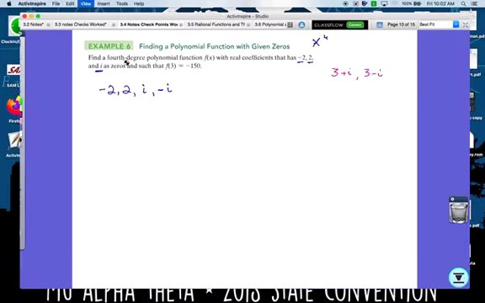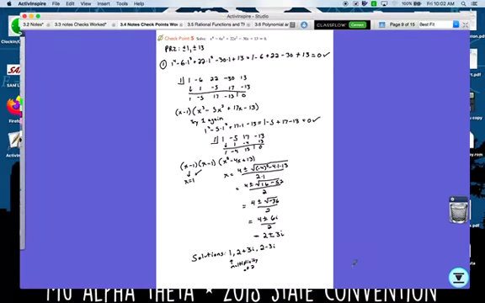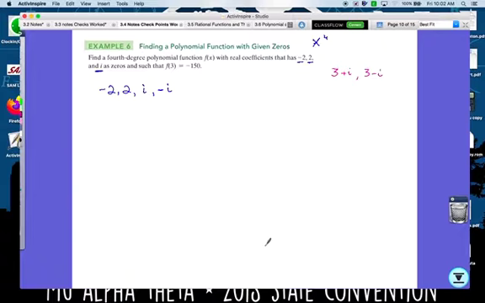If you look at the previous example, notice that our imaginary answers look exactly the same except one of them has a plus in the middle, one of them has a minus. All right, that's always going to happen. On this one we have plus, minus. So there's our 4 zeros, and we're going to use that to work backwards.